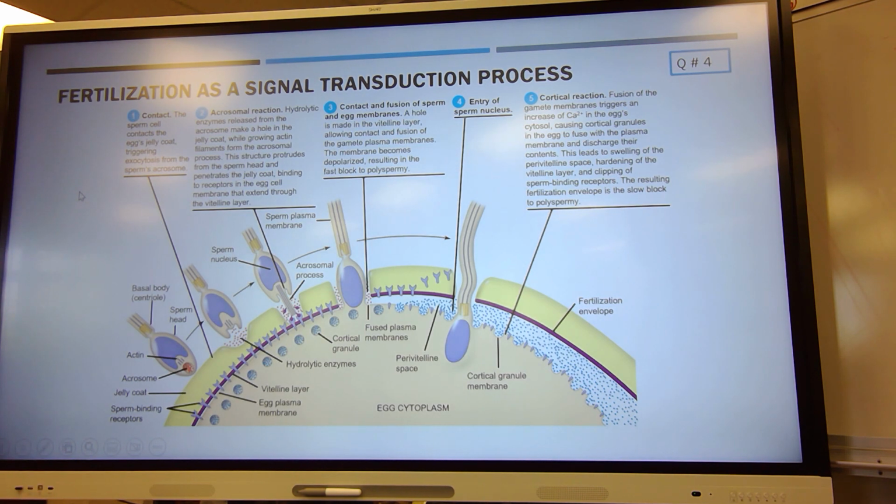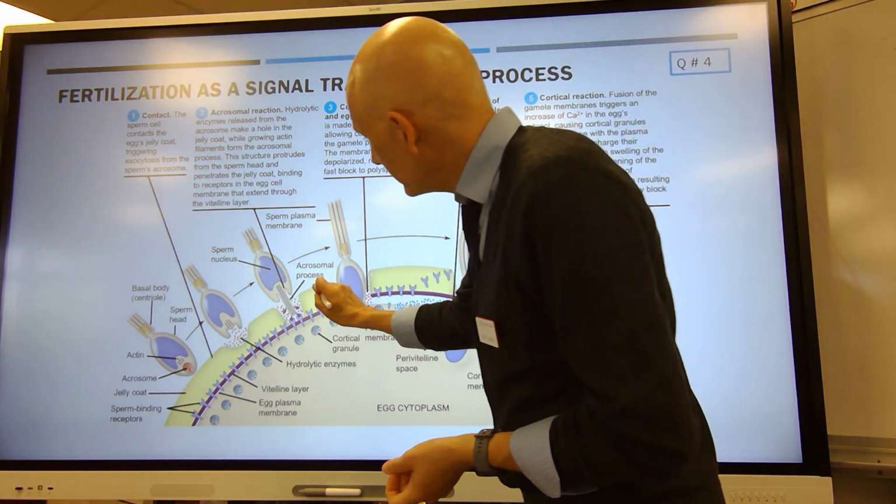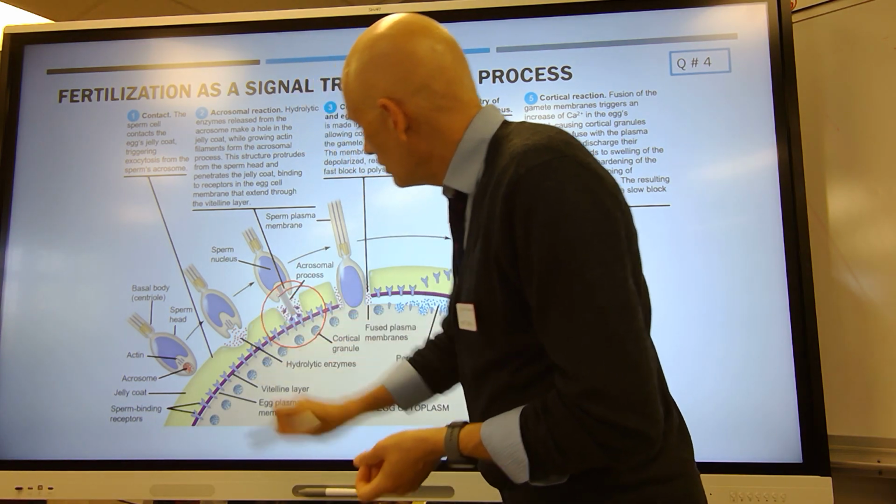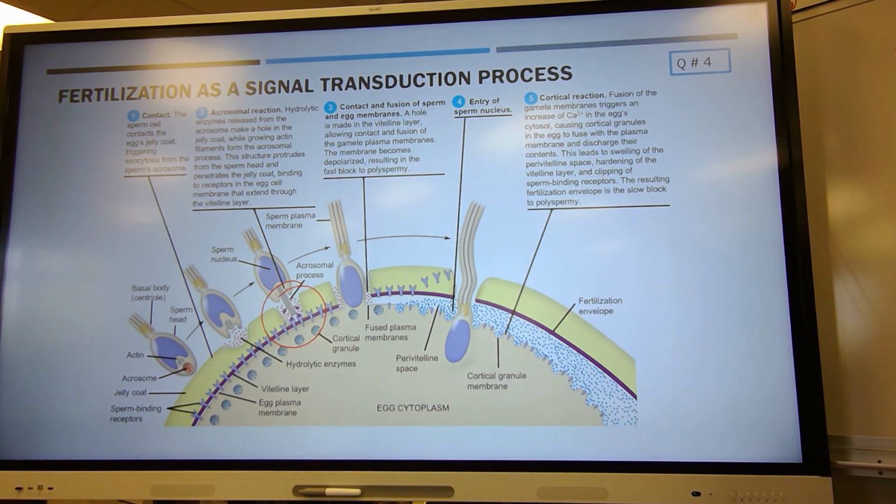So how does signal transduction factor into fertilization? The reception part is right here, when the sperm proteins bind to the surface of the egg. Of course, that has to match, so that's how we keep species separate.